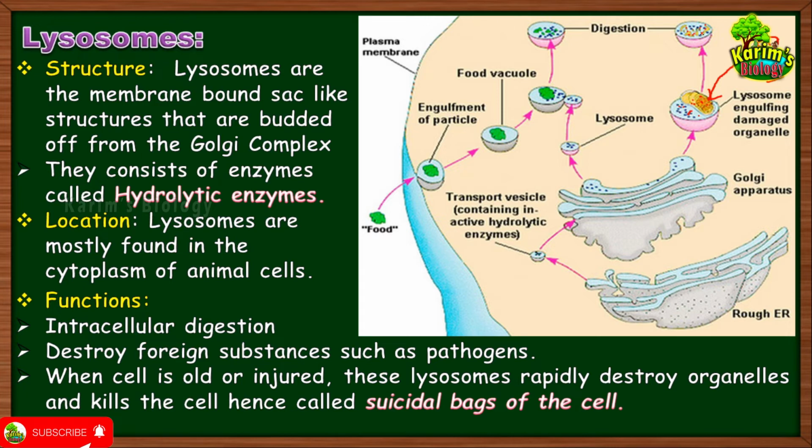And sometimes when the entire cell becomes old, when all the cell organelles become old, or when the cell is infected with any pathogen which cannot be removed, then the cell commits suicide.